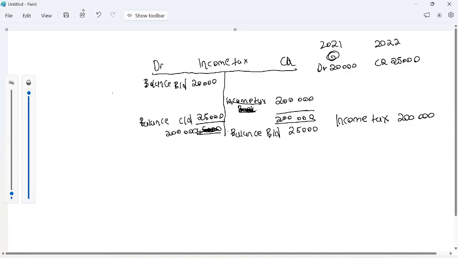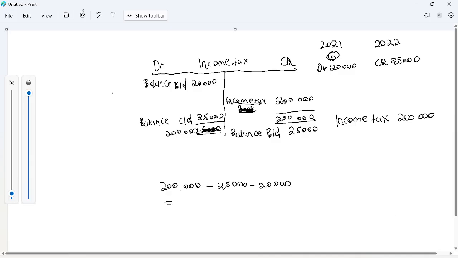Now if you can see, what can we do to these two amounts in order to make this balance? We're going to say 200,000 minus 25,000, minus 20,000, then you're going to get your income tax paid.